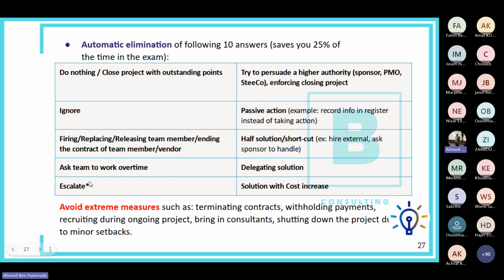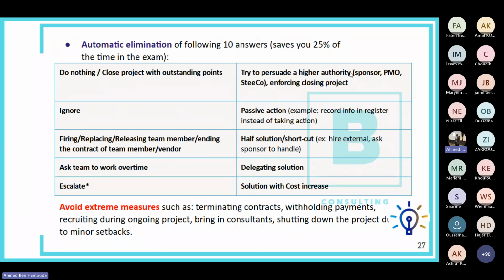I put an asterisk because exceptions apply, but usually we avoid any answers that indicate escalation, such as going to the functional manager to discuss the issue, or informing the steering committee or the sponsor. Usually try to avoid that because that's a sort of escalation. Also, avoid answers in which you try to persuade a higher authority.